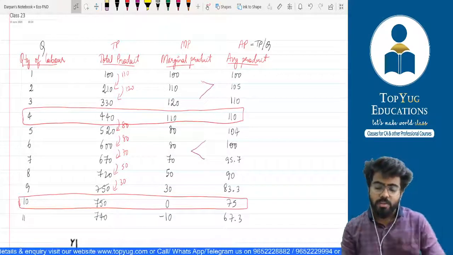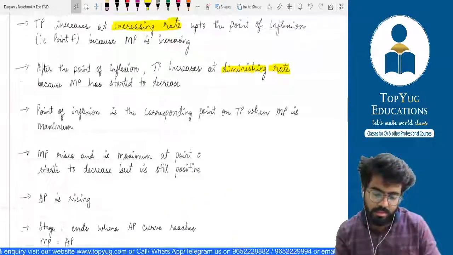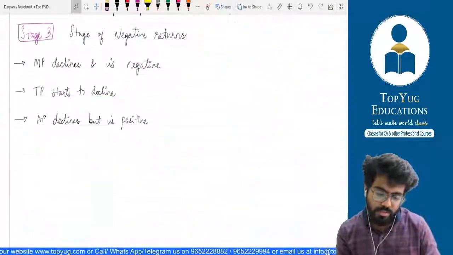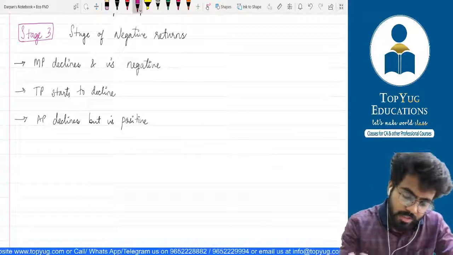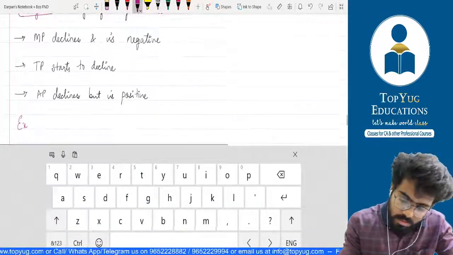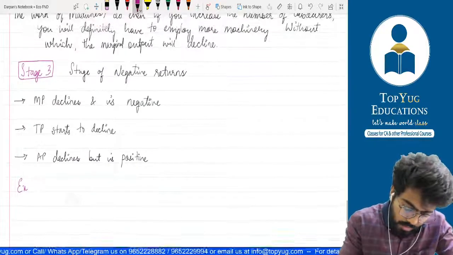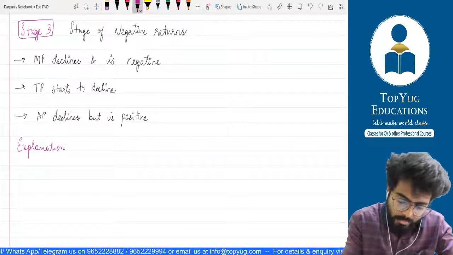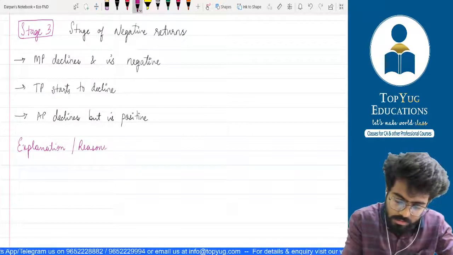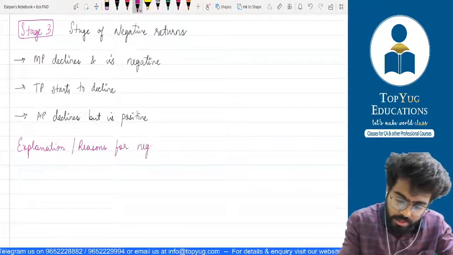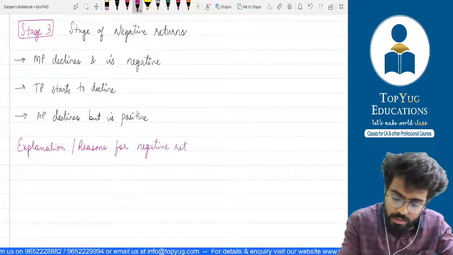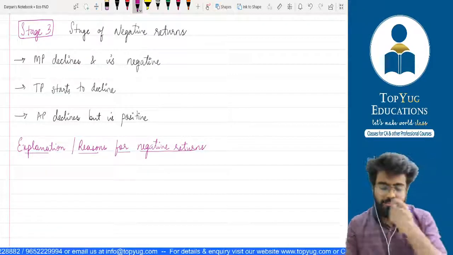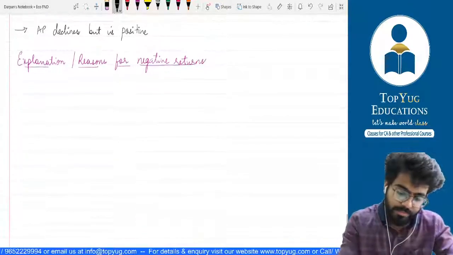All right. So write down. Stage 3, explanation or reasons for negative returns. Underline and write down.